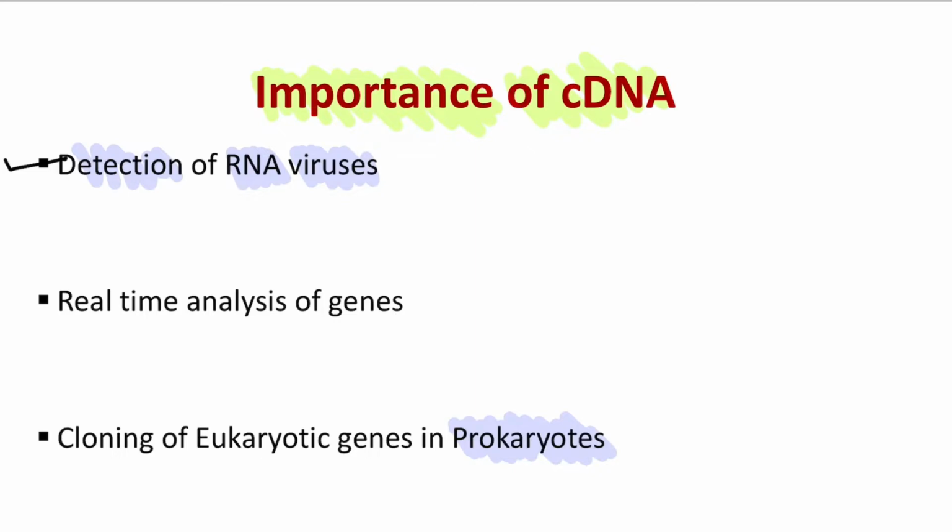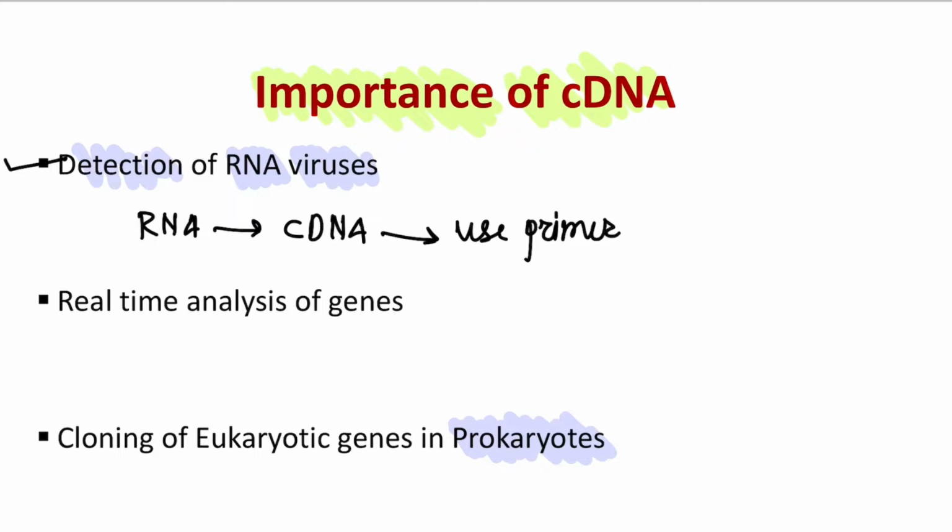As we know, RNA is a single-stranded molecule, and if you want to detect any kind of RNA virus, first you have to convert that RNA molecule into the cDNA, complementary DNA, and then you can use primers for that complementary DNA to amplify the particular gene of a virus. So this is how you can detect the RNA viruses. It is impossible to detect the RNA viruses without converting to the cDNA. So that's why it is very important.